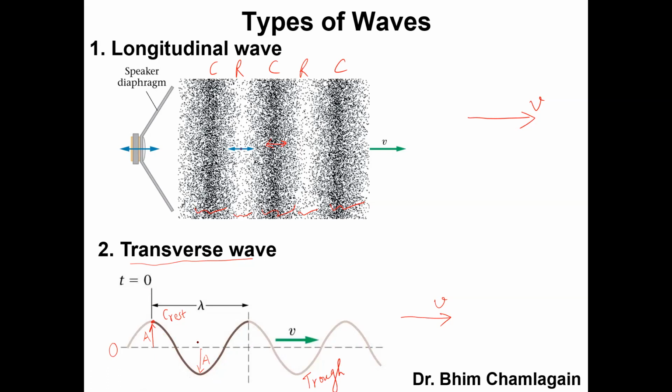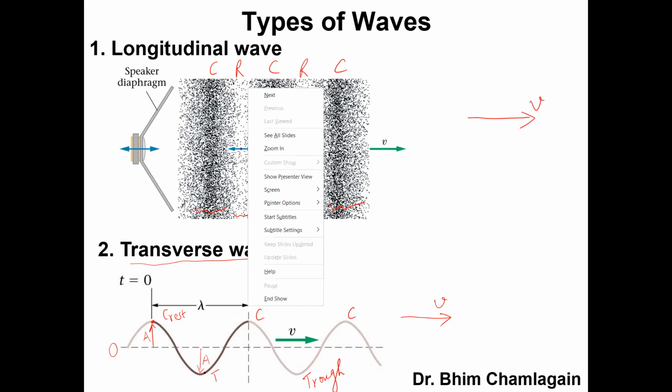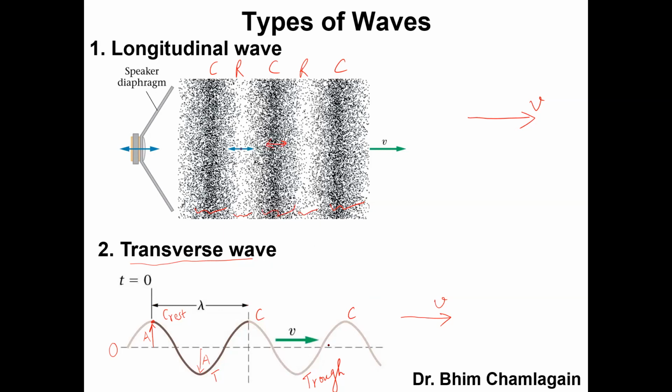As you see, there is crest, trough, crest, trough, and crest. Crest and trough are arranged alternately in wave transmission. The distance from one crest to the nearest next crest, or one trough to the next nearest trough, is called the wavelength, which is denoted by lambda.